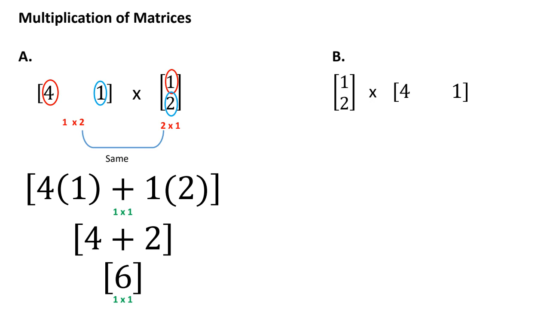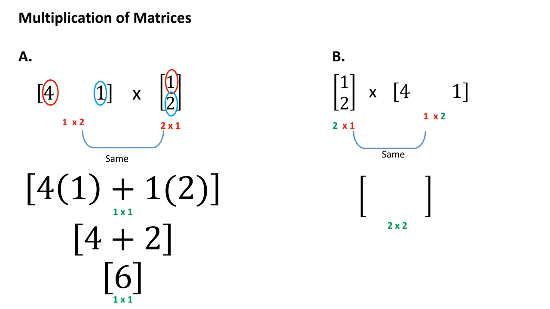Let's do B. I can multiply these two matrices together because this is a 2 by 1 matrix multiplied with a 1 by 2 matrix. The columns of the first are equal to the rows of the second, and the resulting matrix is going to be a 2 by 2 matrix.